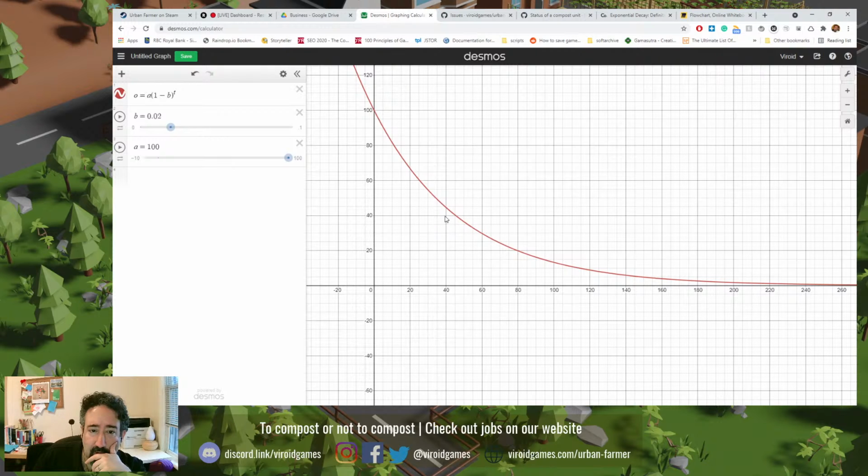And in the last 40 hours, say like around here, there's a less steep decrease. So maybe we need to adjust this a bit.